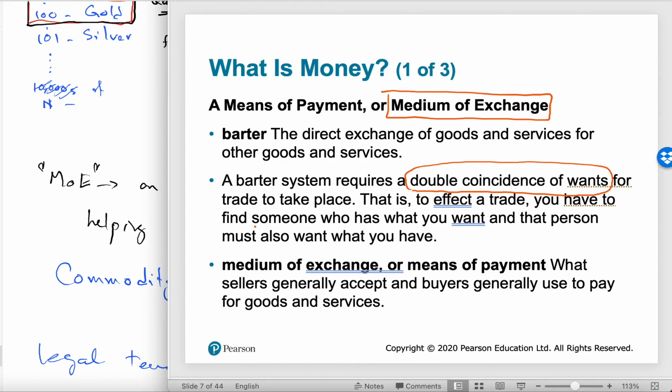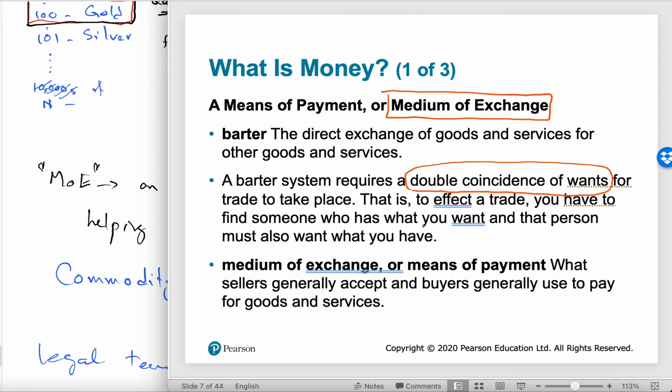You have to find someone who has what you want, and that person must also want what you have. So the coincidence of wants is very, very difficult to achieve for more than two commodities in a society.